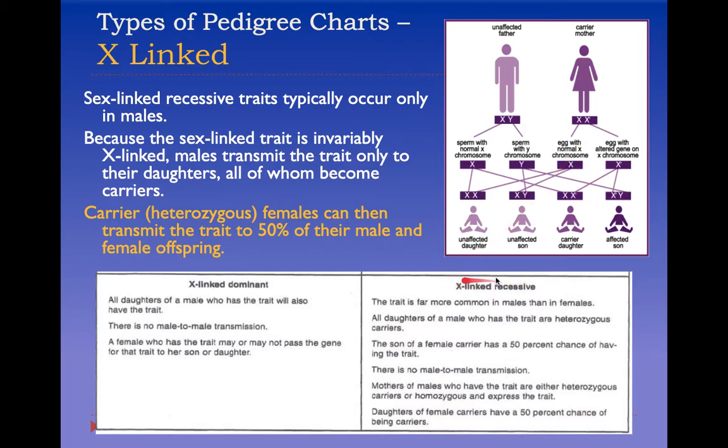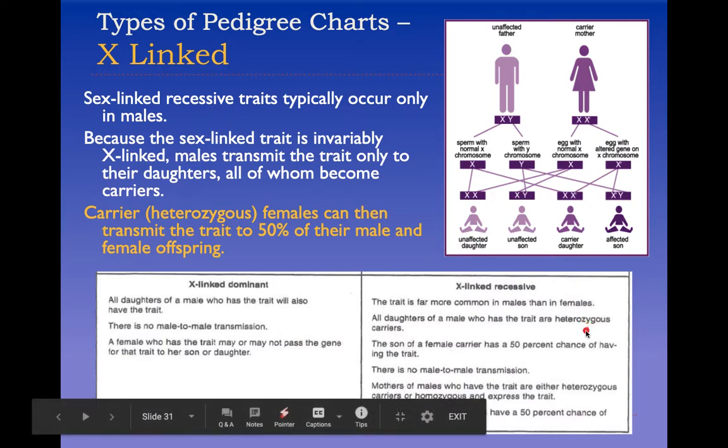If it's X-linked recessive, the trait is far more common in males than females because the female has to be homozygous recessive. She has to have both copies, where the male will only have to have one copy of that trait. All daughters of a male who has the trait are heterozygous carriers.